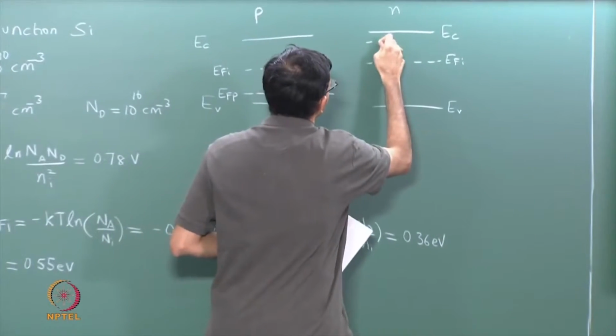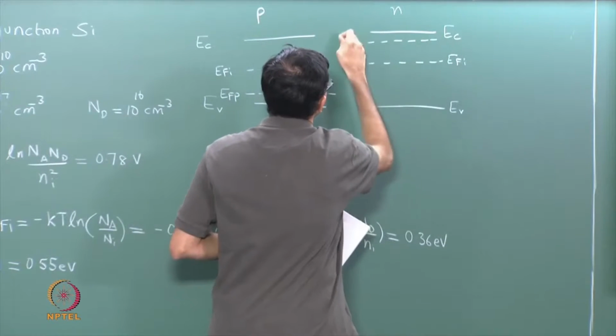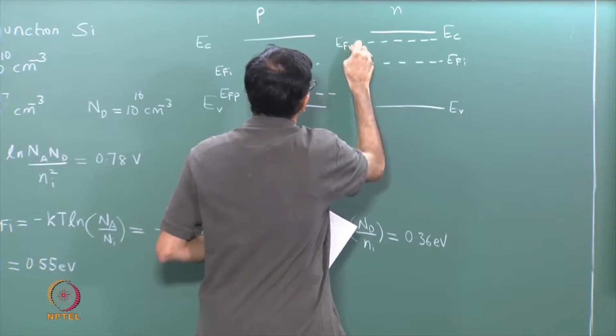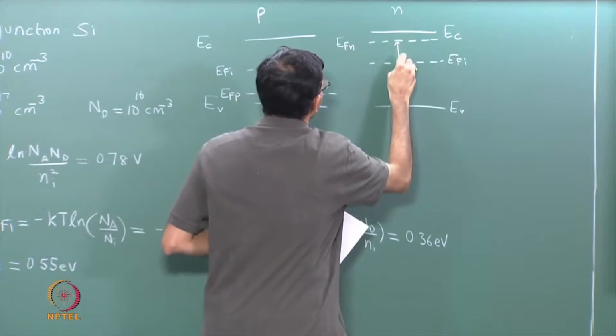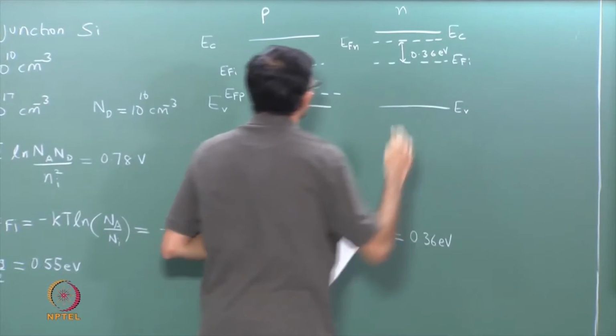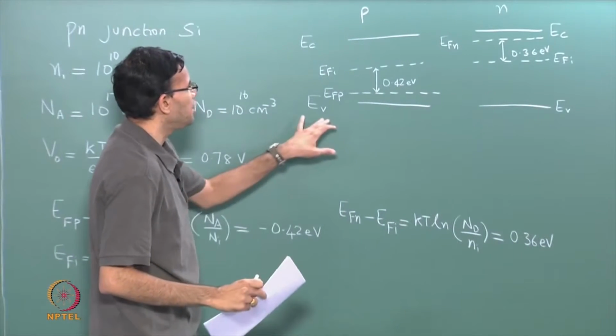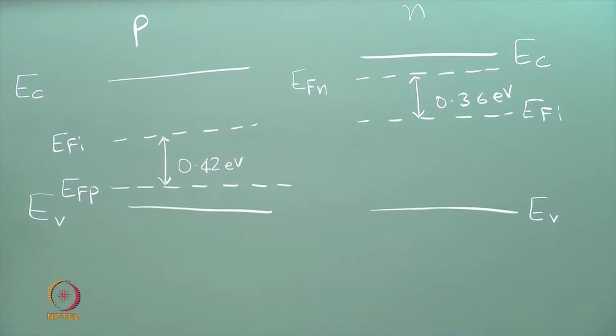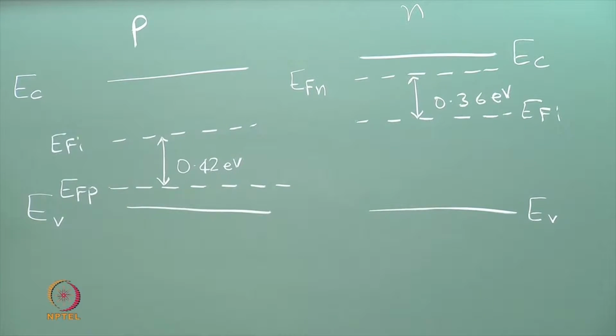So, in this case EFN is 0.36 volts above EFI.